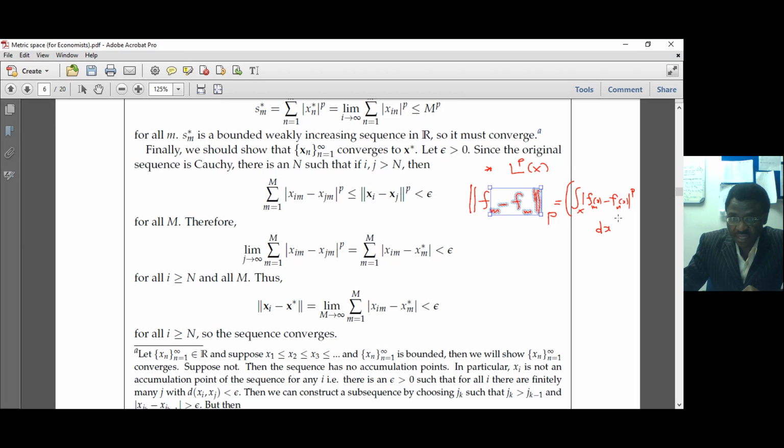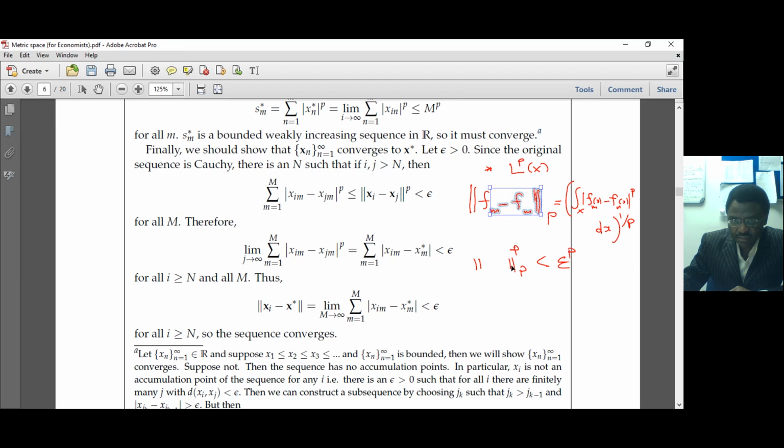And then I will close, and I will take the 1/p, right, like this. That is it. Now you can see that if I have something, let's say this less than epsilon, when I raise this to the power of p, to write that as a Cauchy sequence, whatsoever definition I reach here, I say less than epsilon. Now, if you raise this to the power of p, you see that this to the power of p will be less than epsilon to the p.